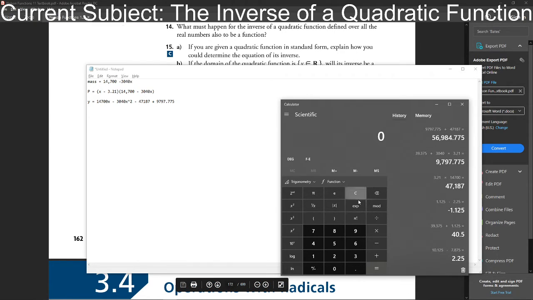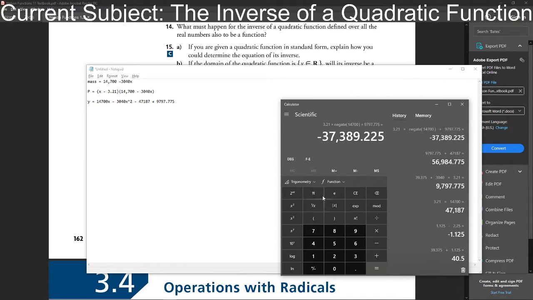Negative? Nope. Where's the positive negative symbol? Oh, there it is. Negative that plus 9797.775, which equals this.